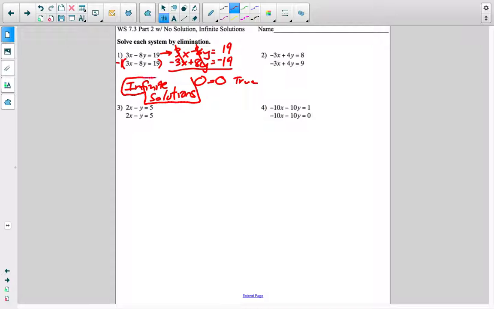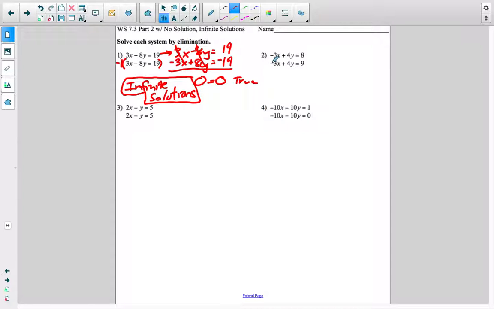If you look at 2, 3, and 4, they're all fairly similar in that the top left side is exactly the same as the bottom left side of the equations. So our trick when that happens is to just multiply by -1, which is really the same as taking the opposite of that equation.